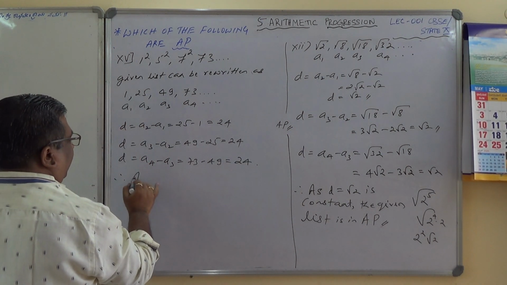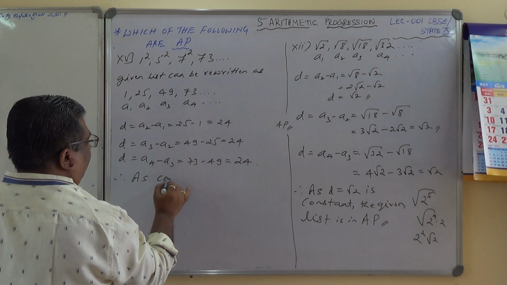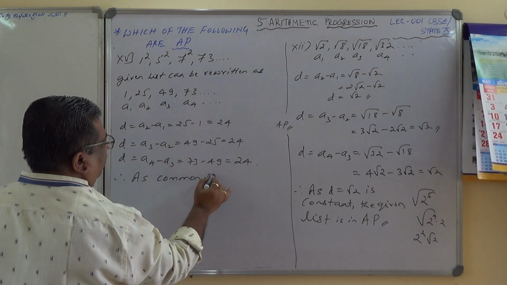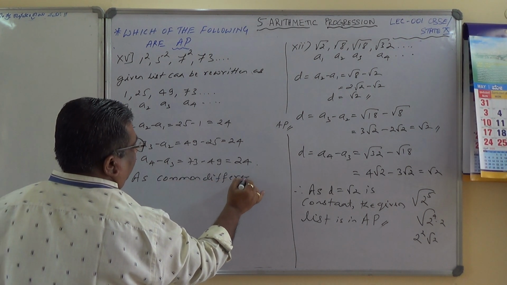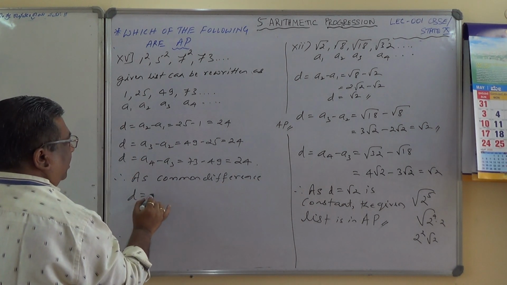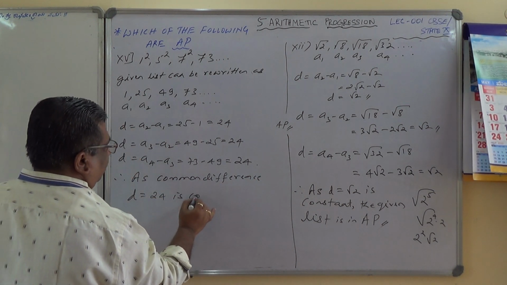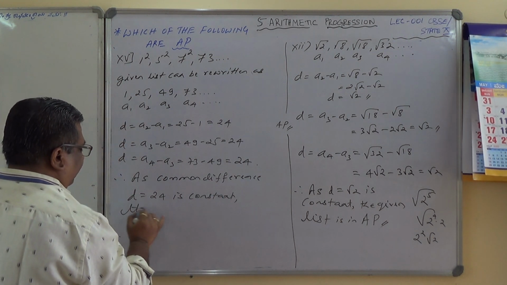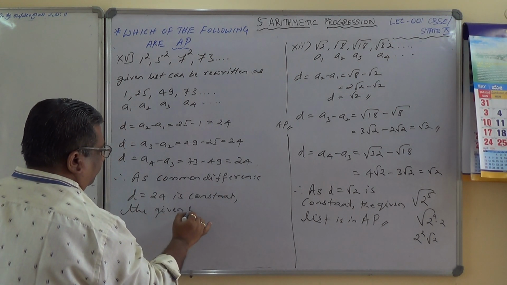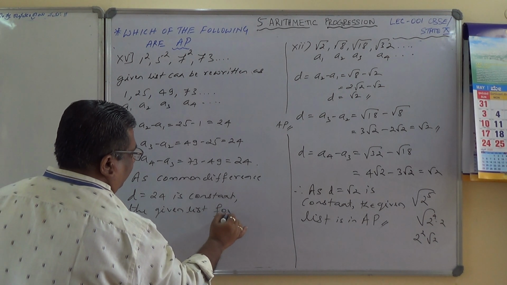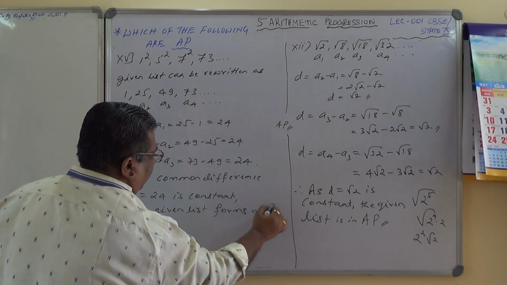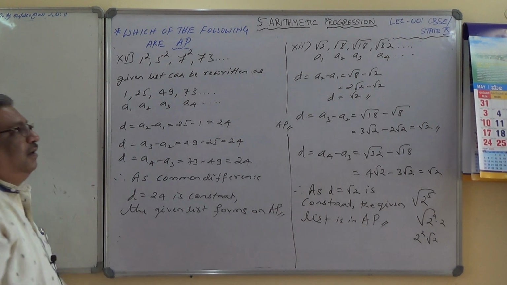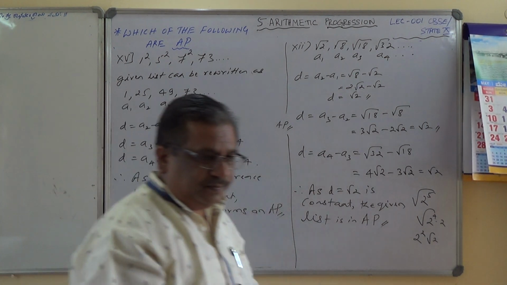Therefore, as common difference D equals 24 is constant, the given list forms an AP. Let me take one more now.